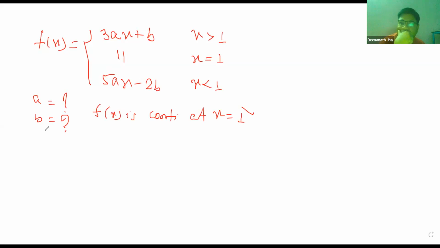Tell me the answer within 2 minutes. The question is 3ax plus b when x is greater than 1, 11 when x is equal to 1, and 5ax minus 2b when x is less than 1. Find a and b if f(x) is continuous at x equal to 1.